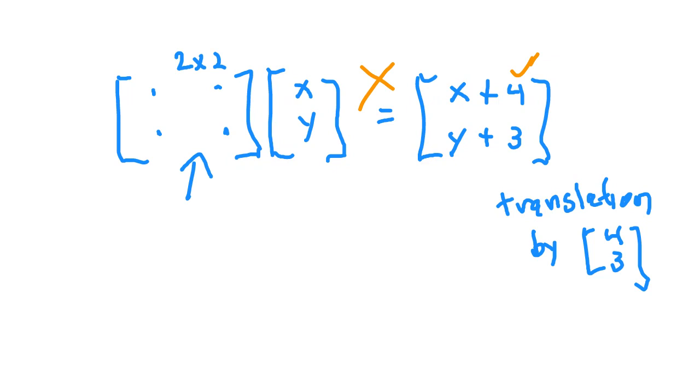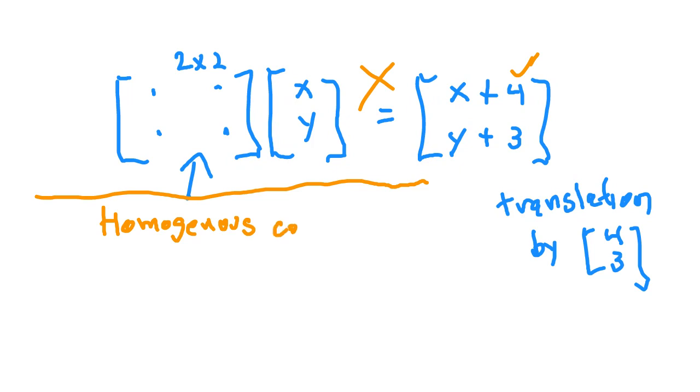So what you have to do is use what's called homogeneous coordinates. So long, Mikhail, as you don't do translations, 2x2 matrices will work fine. But for this kind of situation, it will not.